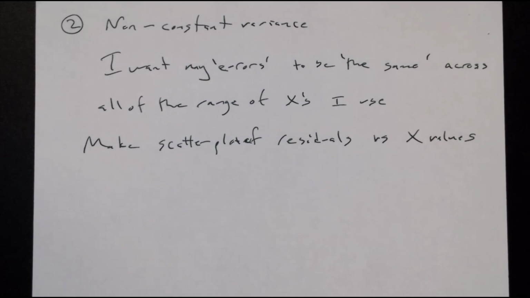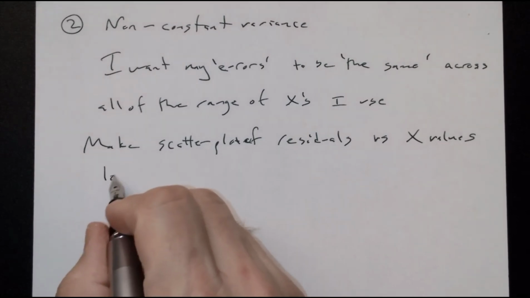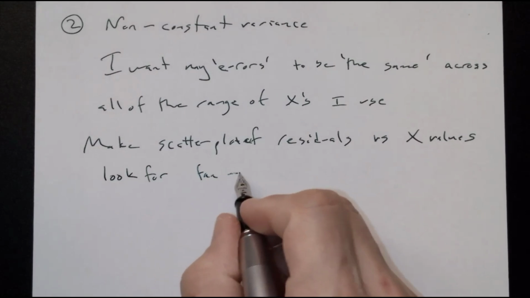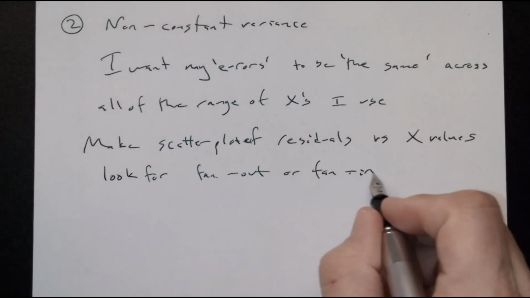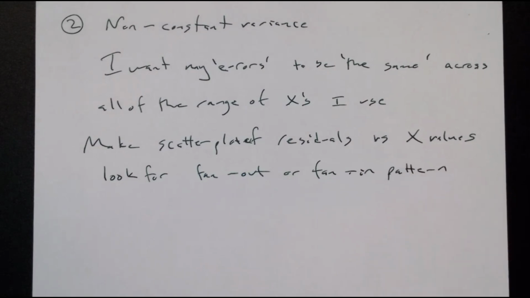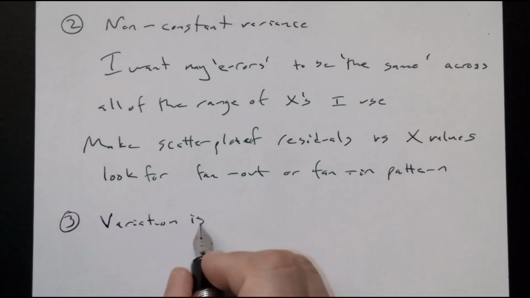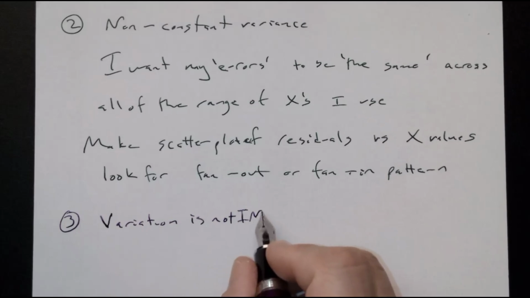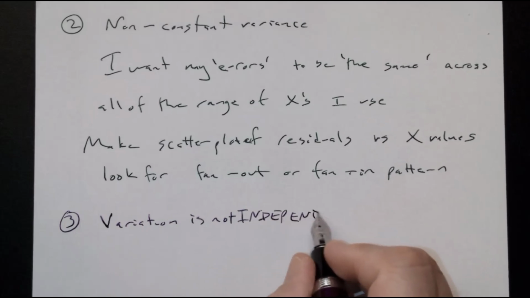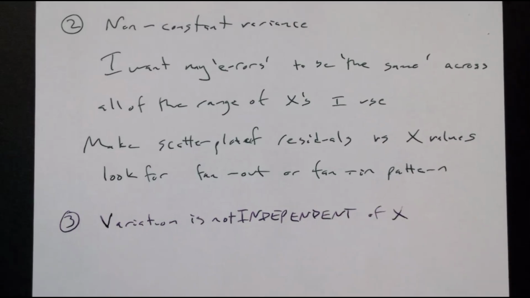What was my third one? Aha. So this would be not only does it move in one direction or another, but it actually depends on the individual X value in a pattern.